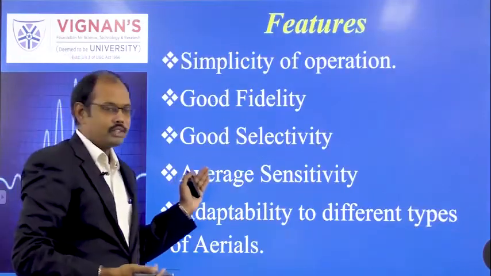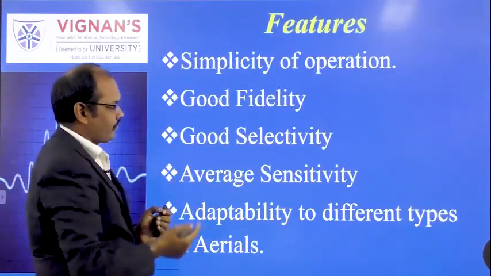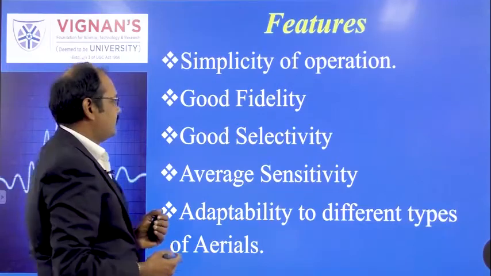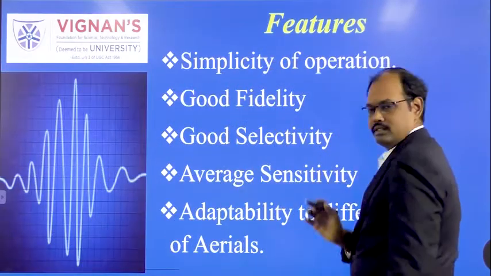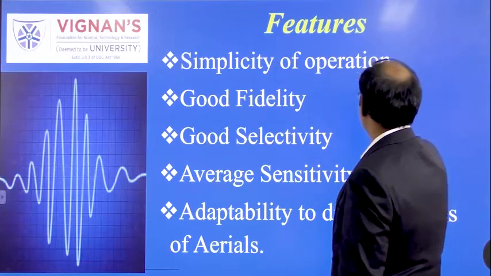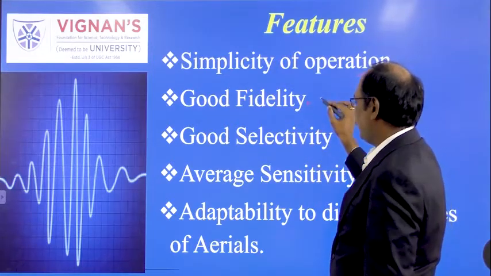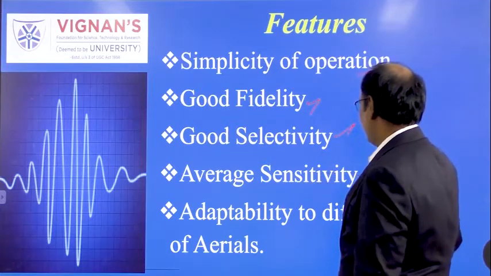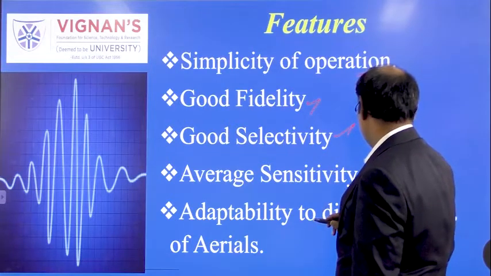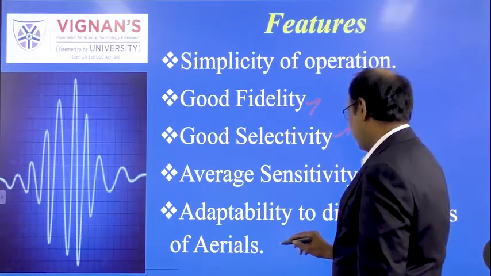So these are some features of a receiver. It should be simple, that is simplicity of operation, good fidelity, good selectivity, average sensitivity, and adaptability to different types of aerials.